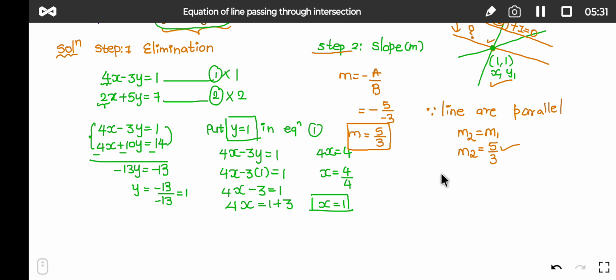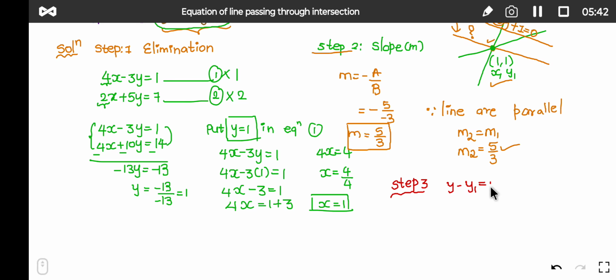Now we have to apply step number 3, the equation of the line, with the formula y minus y1 is equal to m times x minus x1. Our x1, y1 is 1 and 1.